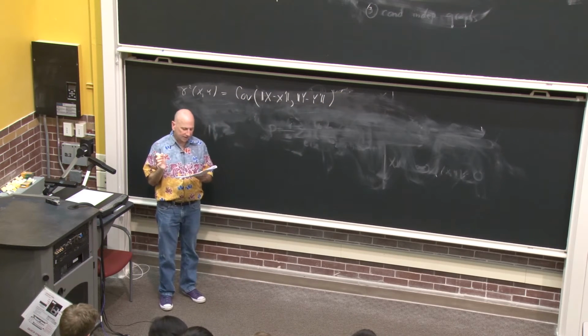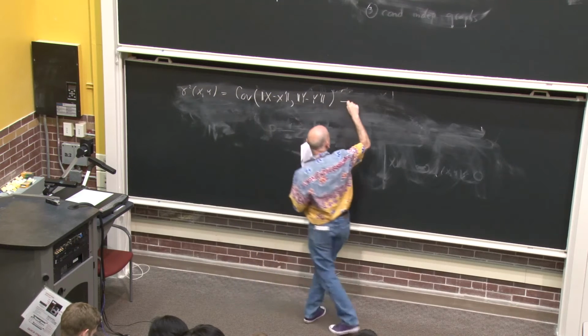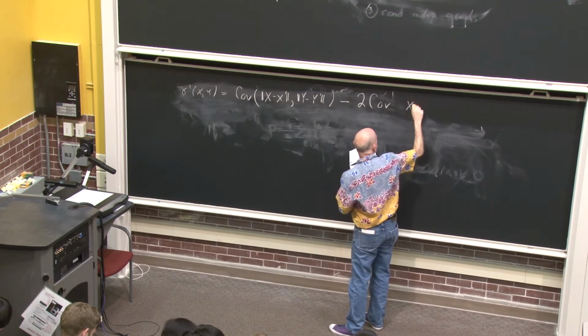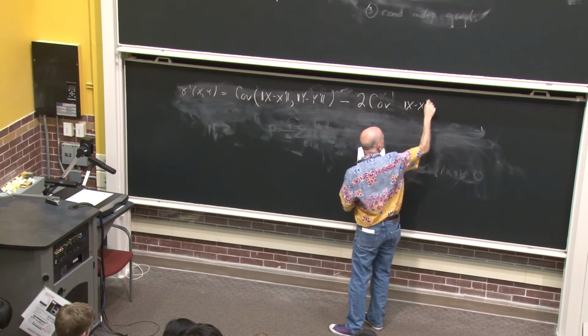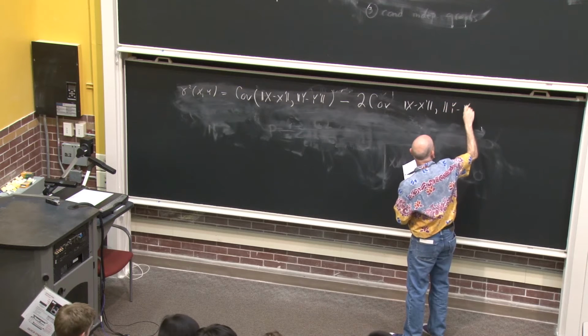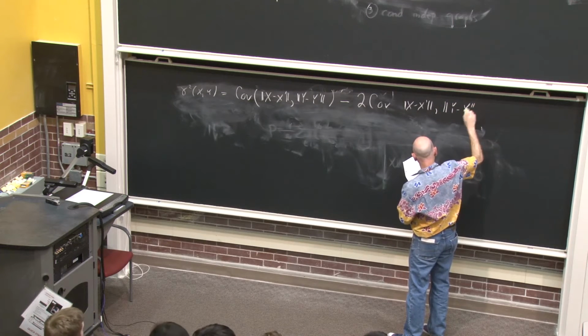And that's not quite enough. Now we have to subtract off the covariance between x minus x prime. But now we have to introduce a third draw, believe it or not. So I'll call that y double prime.